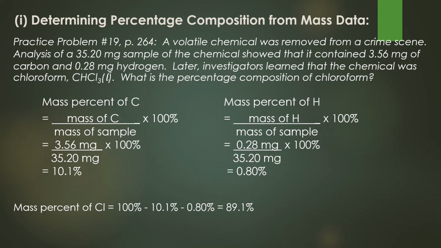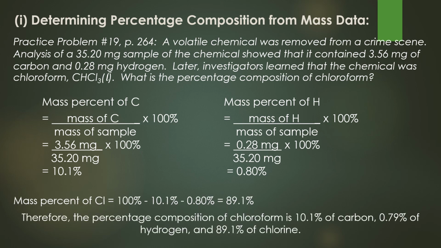You could also take the 35.20 milligram sample, subtract the 3.56 of carbon, subtract the 0.28 milligrams of hydrogen, divide that answer by 35.20 milligrams, times 100%, and you're going to get 89.1%. So you can conclude the percentage composition of chloroform is 10.1% carbon, 0.79% hydrogen, and 89.1% chlorine.